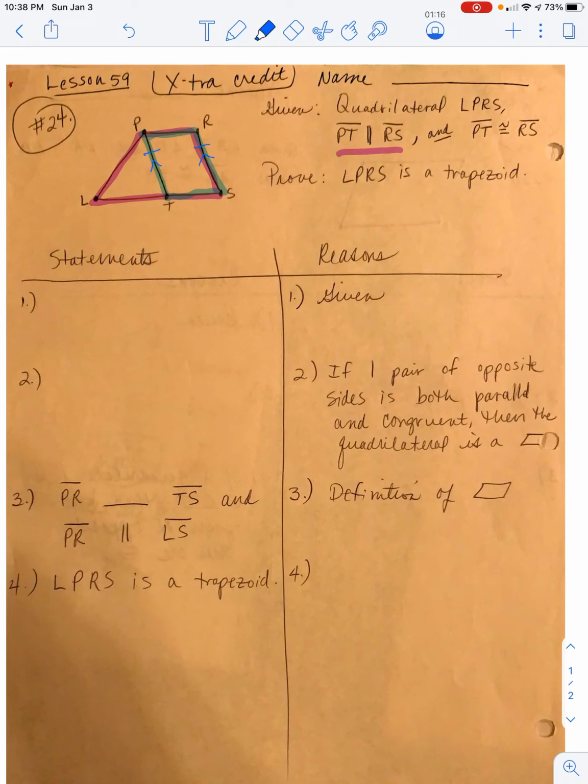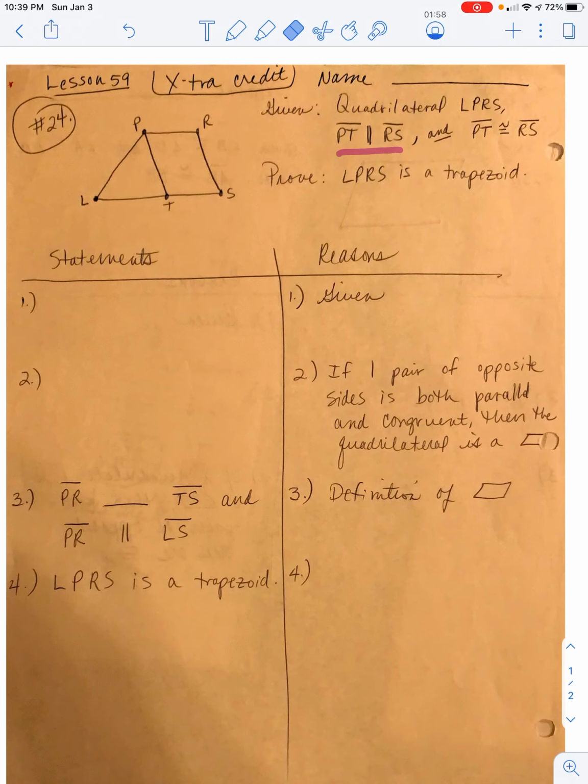If you remember, in a parallelogram, if you have parallel lines that are congruent, even if just these two right here are congruent, that's going to make these two congruent as well. So remember, a parallelogram has two pairs of parallel lines, and also the opposite sides are congruent to each other. That's some valuable information for us to bank for a moment.